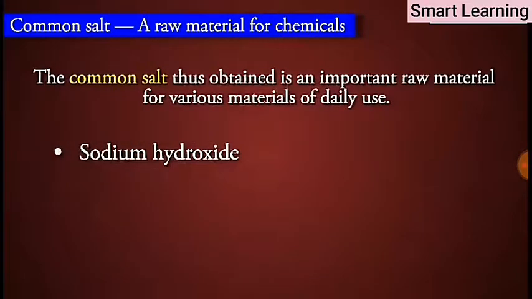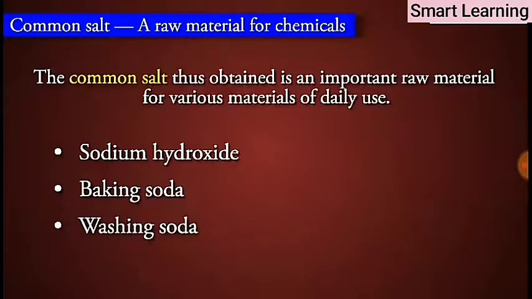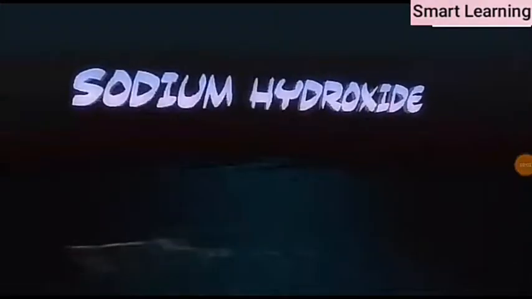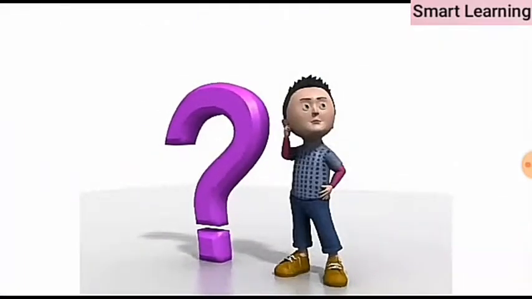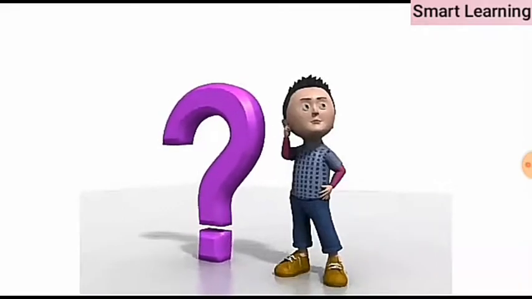Sodium hydroxide, baking soda, washing soda, bleaching powder, and many more. Let us see how one substance is used for making all these different substances.